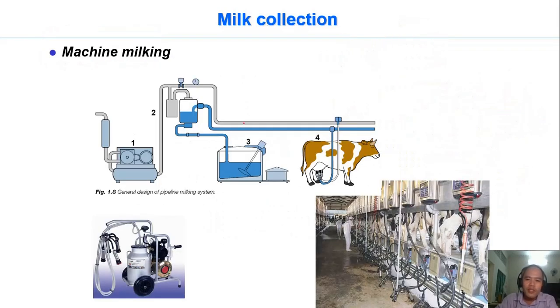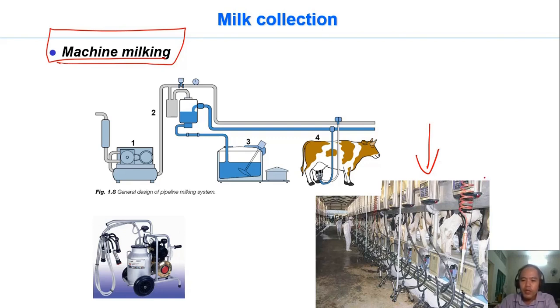Then we have the second method to do milk collection. We use a milking machine. So for example, here is a system, a place where they can do milking of like 50 cows at a time, even 100 cows at a time.